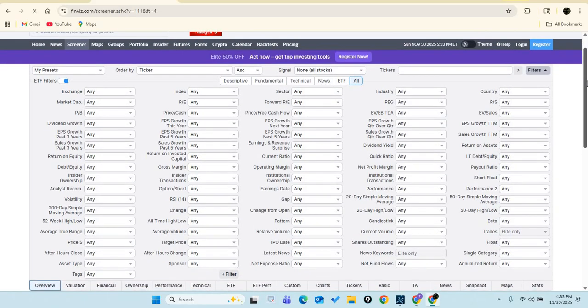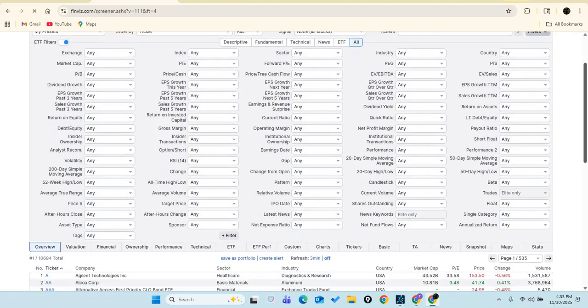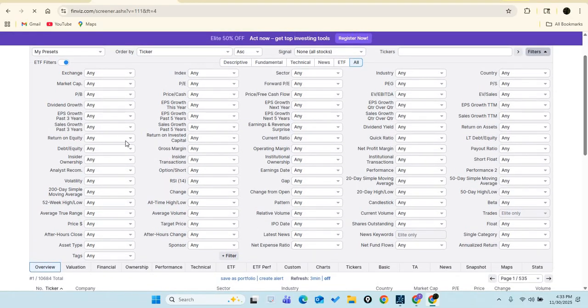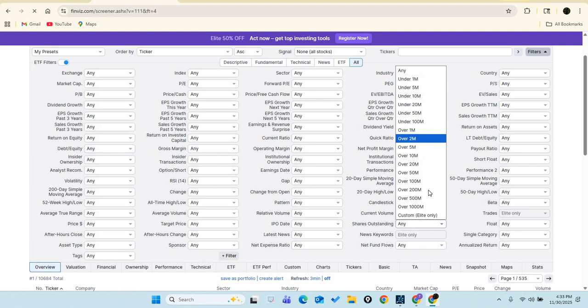Let's say I'm looking for a stock making new highs. Let's say I want a stock that's not too high of a float, under 100 million float.